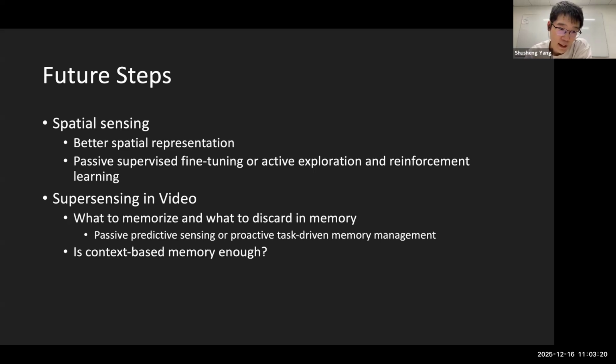Another question for supersensing tasks is whether context-based memory is enough or not. For example, humans can learn from high-quality data very quickly.